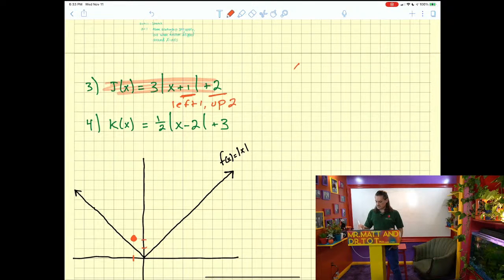If I draw out a table, I need to go on opposite sides of negative 1. So I'm going to test negative 3 and positive 1, because those are both 2 units away from negative 1.